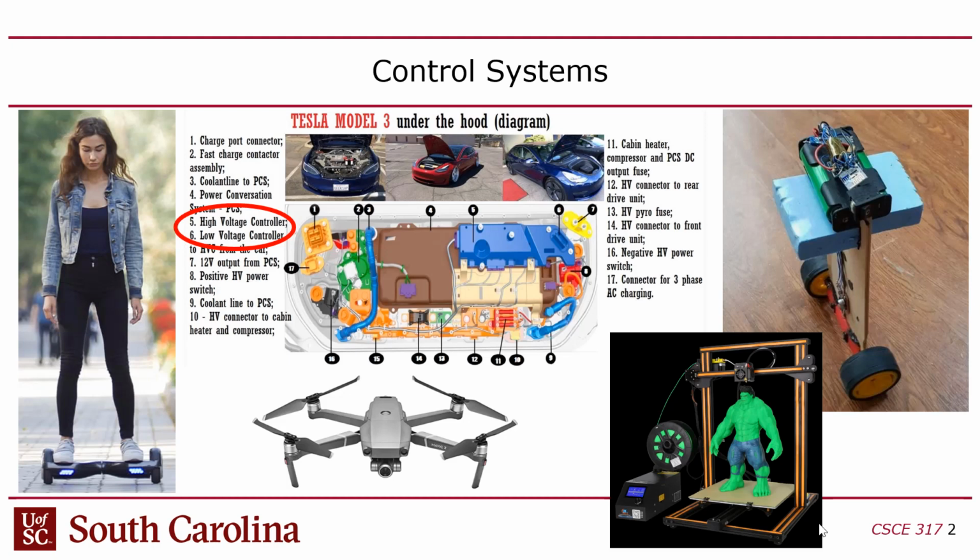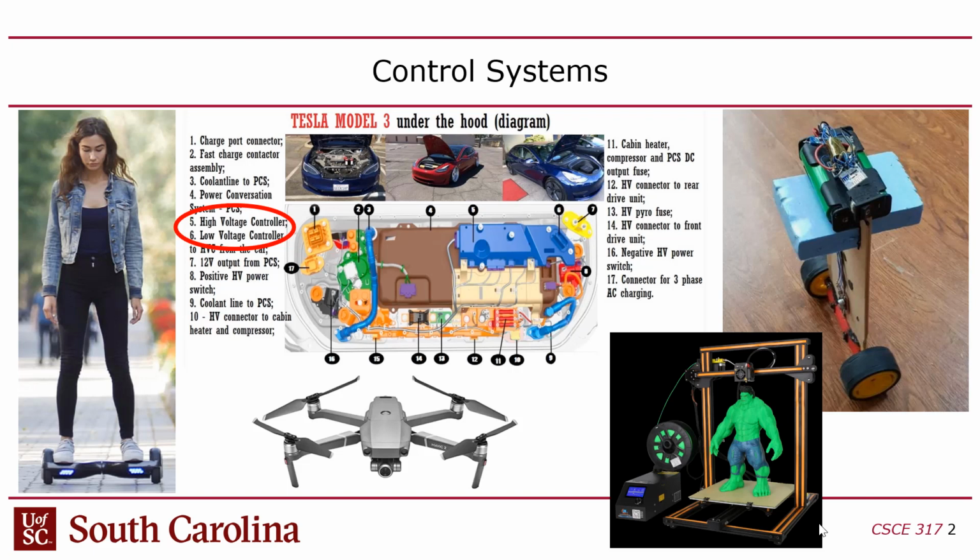So my objective with this course is to turn it into a CyberPhysical Systems course, meaning that we want to design embedded systems that control the physical things in the world. Examples of this would be like in an electric car, they have these voltage converters that convert from one voltage to another, and those are controlled.